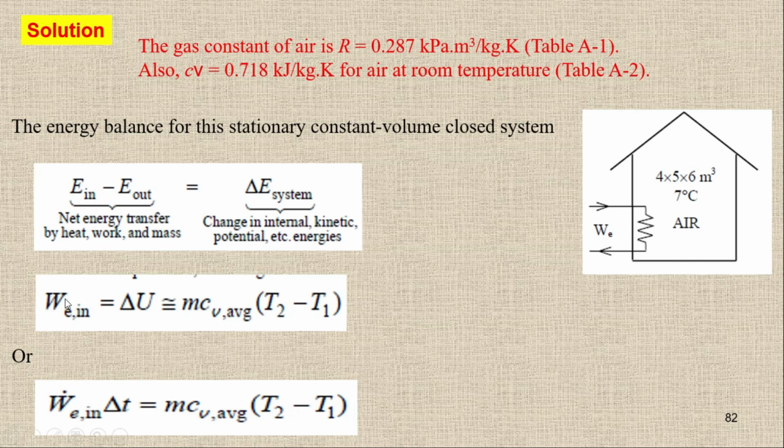Right now, this one is the work in terms of joules, and this one is the power. As I mentioned in the previous question, I can simply replace the work by power multiplied by the time, because power is simply work upon time.